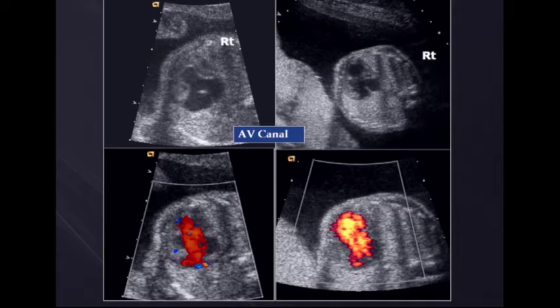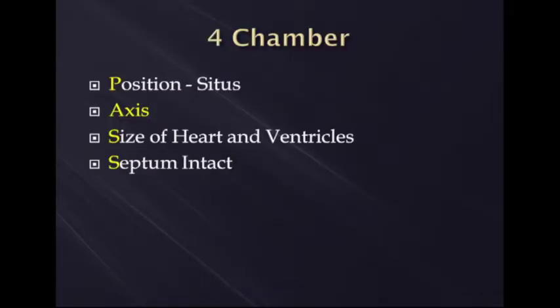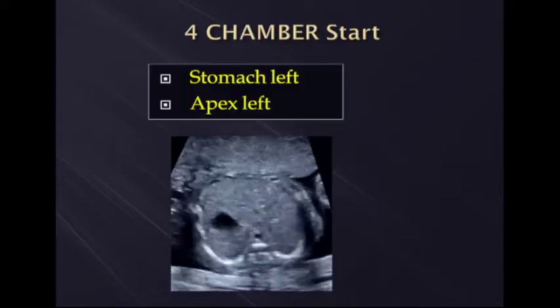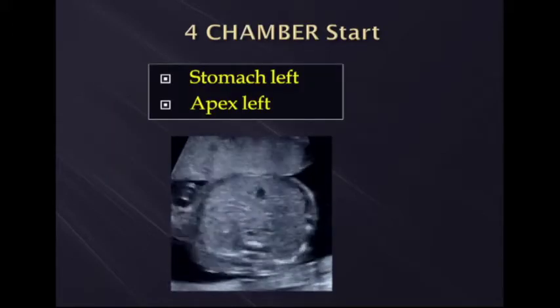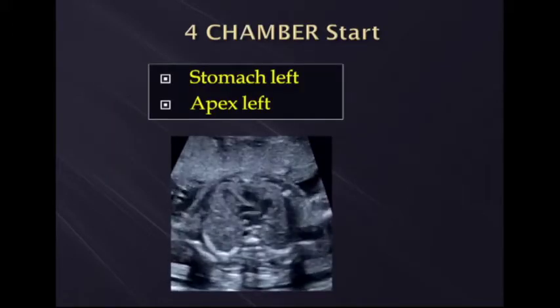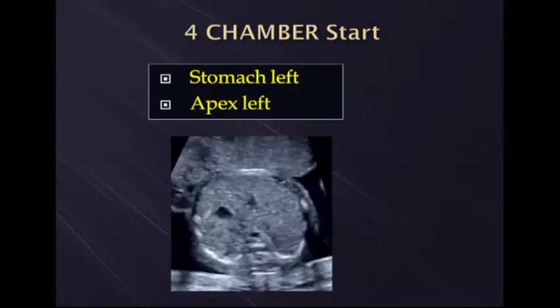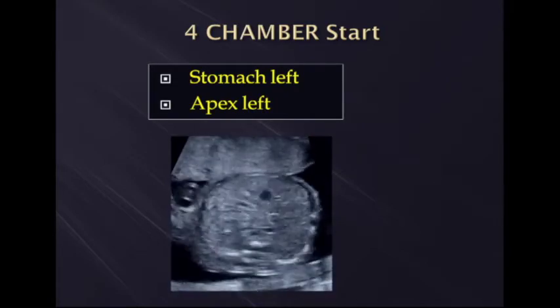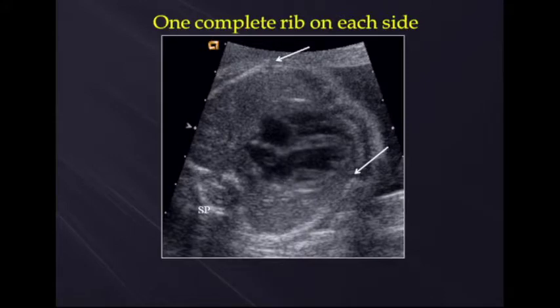So we start by looking at the situs. Next, we look at the axis. Again, we start by looking first at the situs. So we see that the stomach is on the left. The apex of the heart is also on the left. From there, we look at the two complete ribs and we try to scan exactly where the ribs are.